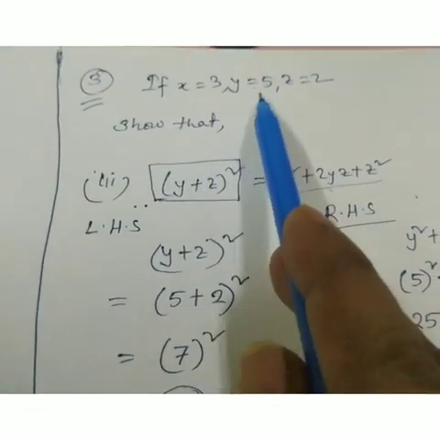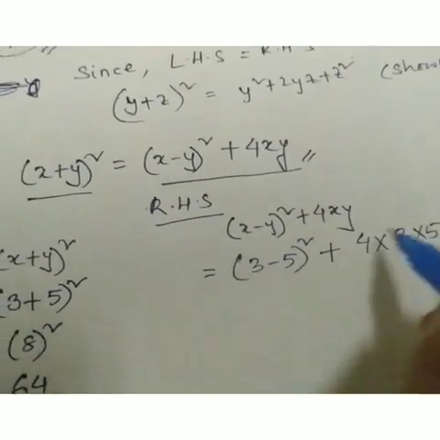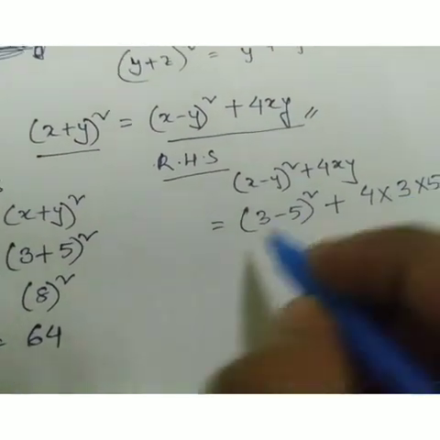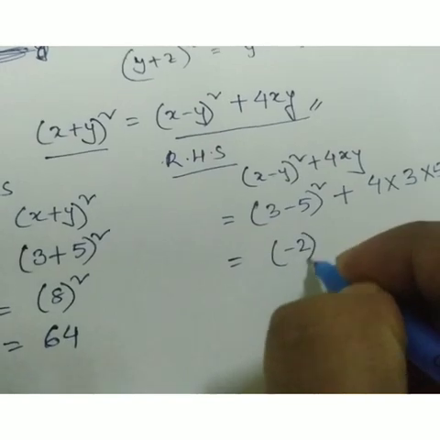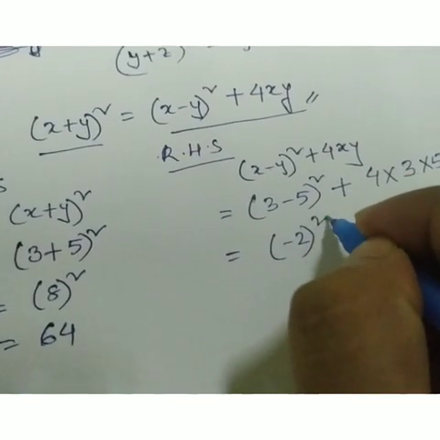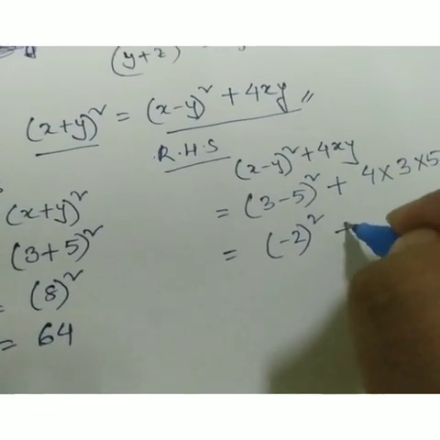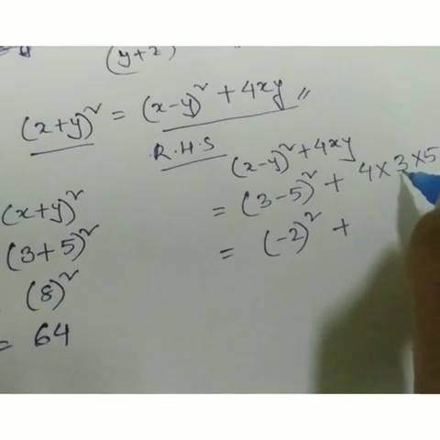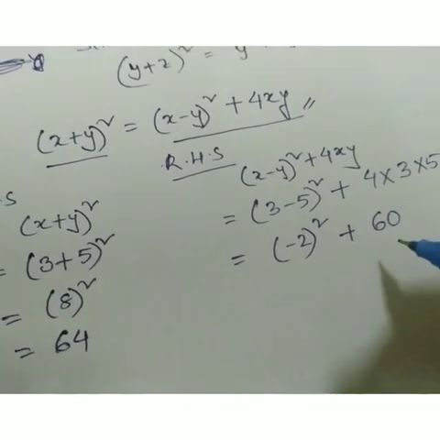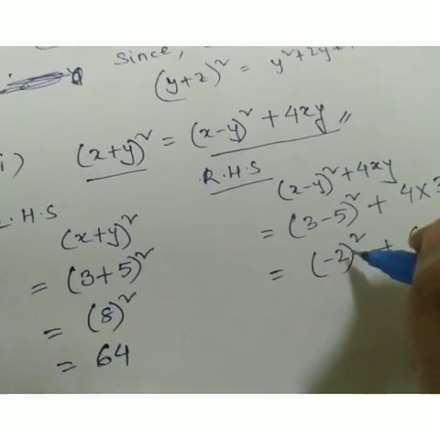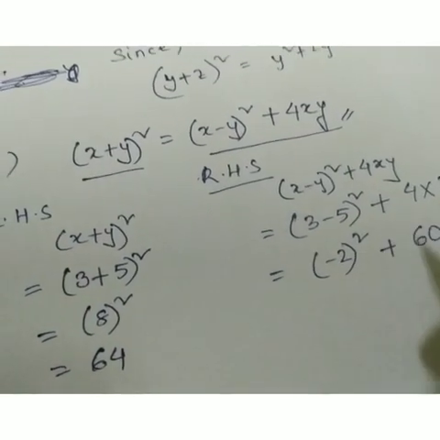X equals 3, y equals 5. So I'm just putting the values. 3 minus 5 is minus 2. Minus 2 square plus 4 into 3 is 12, 12 fives are 60. Now the question rises, what is minus 2 whole square?